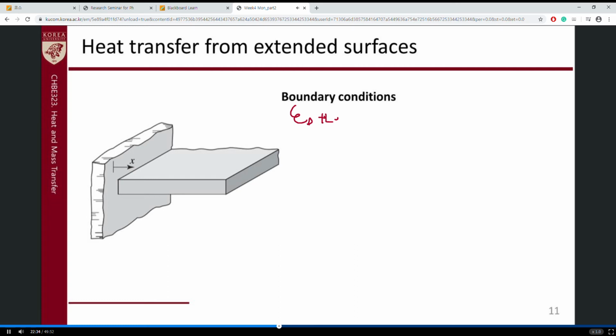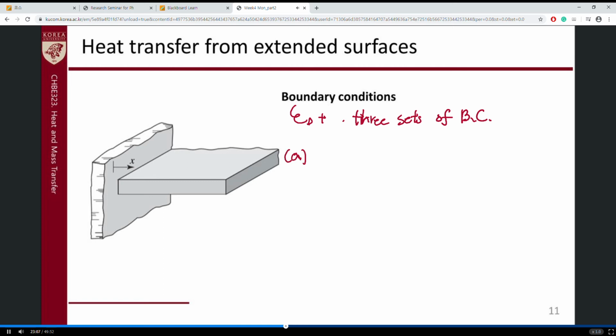Three sets of boundary conditions. Okay, the first thing is, let's say set A.